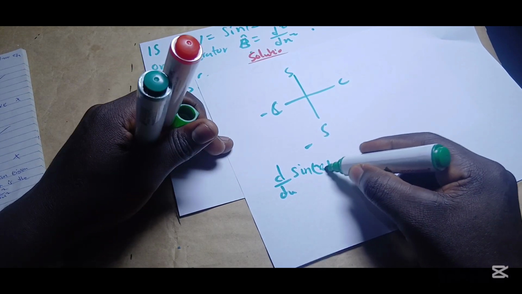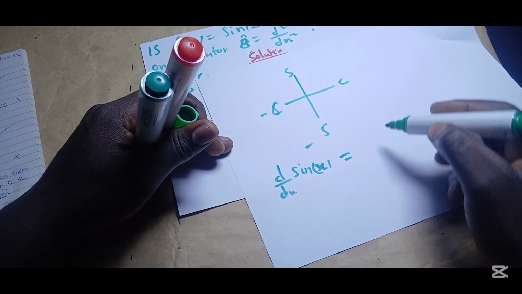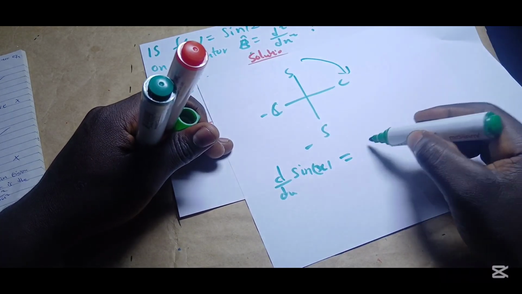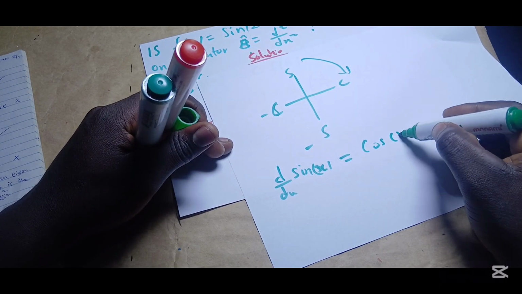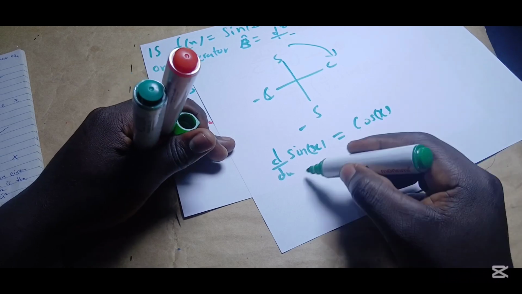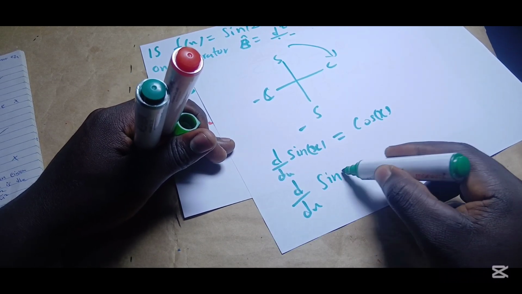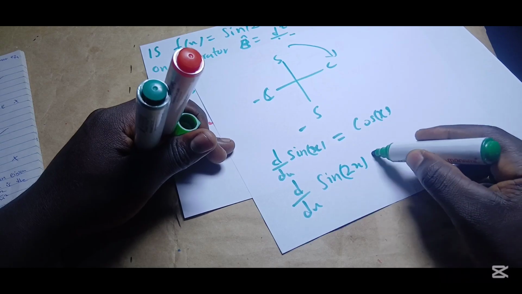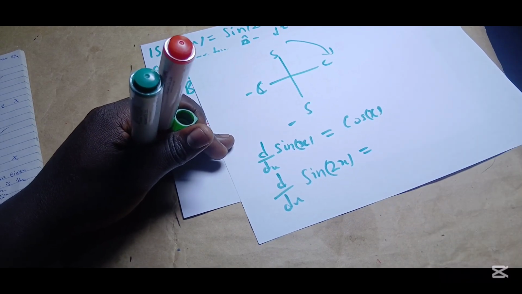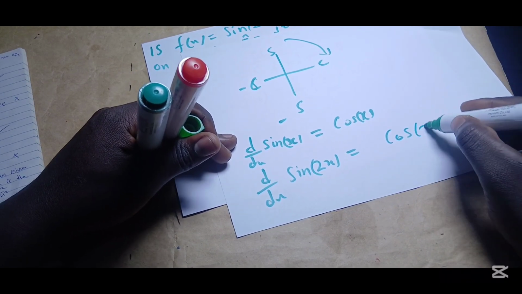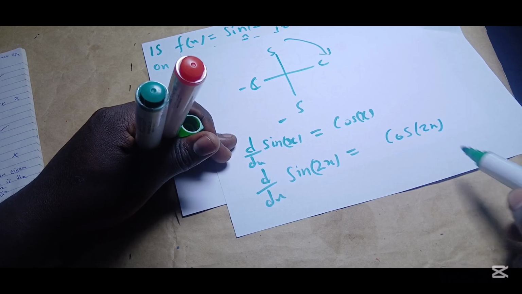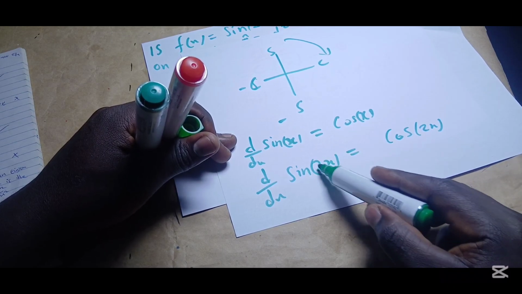If we differentiate sine x, we get cos x. If we differentiate sine 2x, we get cos 2x multiplied by the derivative of whatever is inside.